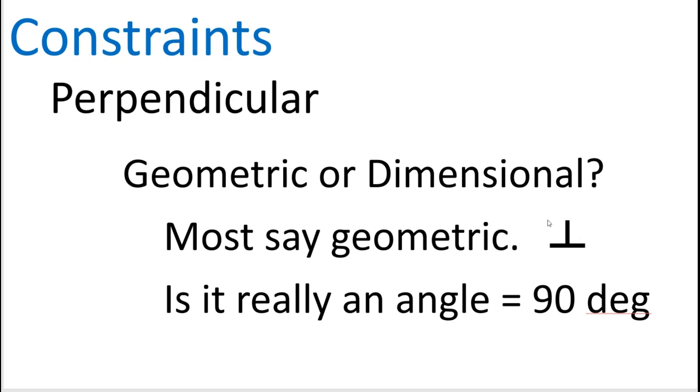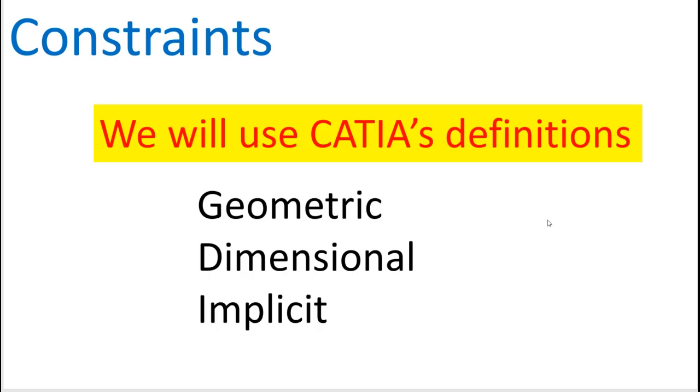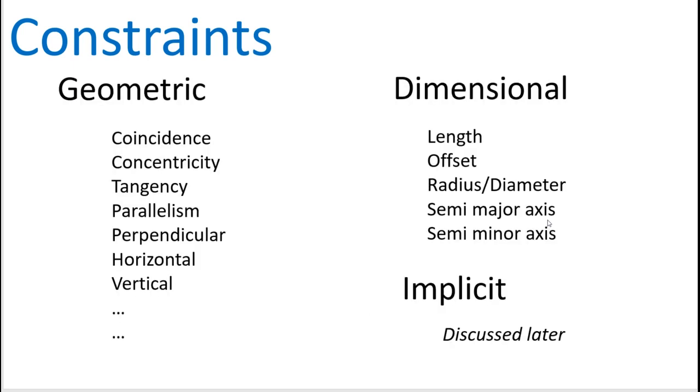Well, there's a number. So everyone has a different definition. We're going to use Catia's definitions for these three different constraints. So again, these are the types of constraints that Catia has: geometric, dimensional, and implicit, which we're going to discuss a little later.